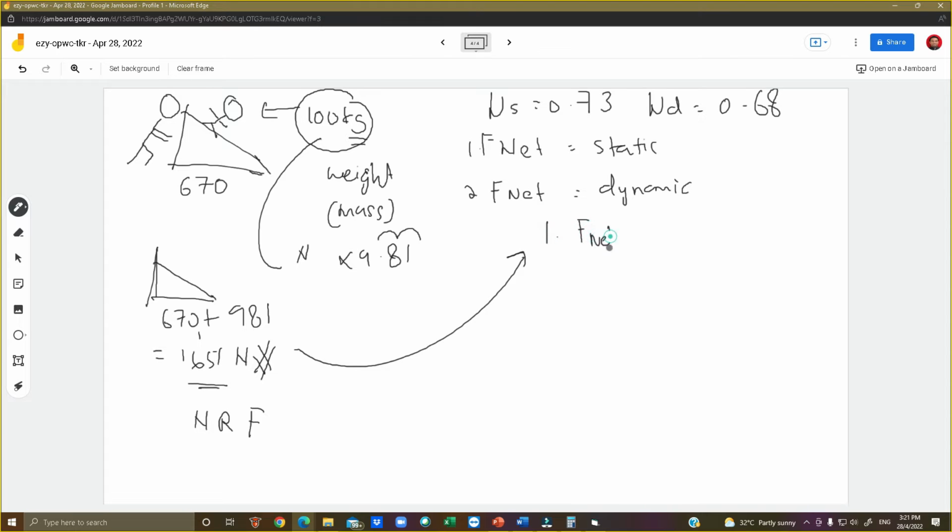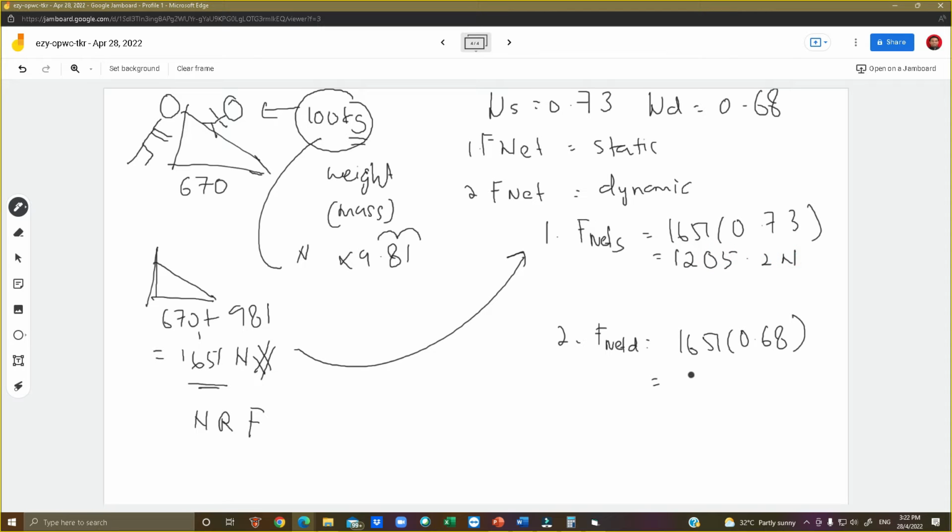Then just substitute. F net static equals 1651 times 0.73, and number 2, F net dynamic equals 1651 times 0.68. Okay, how much do we get? The top one, 1205.2. The bottom one, 1122.7.